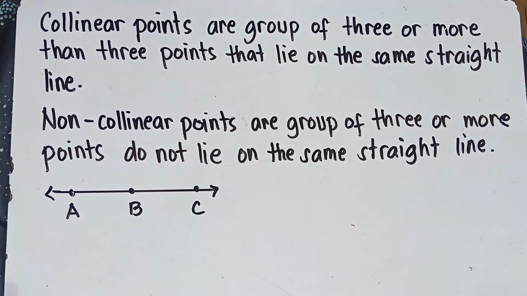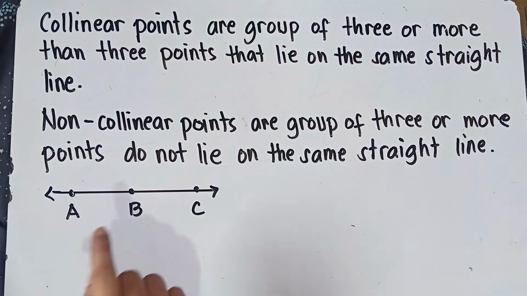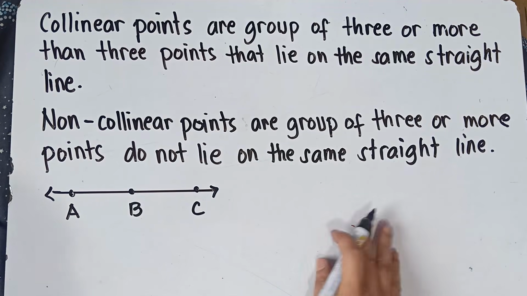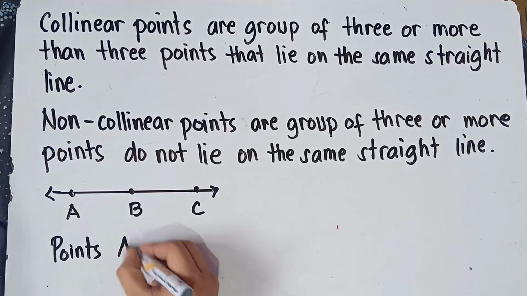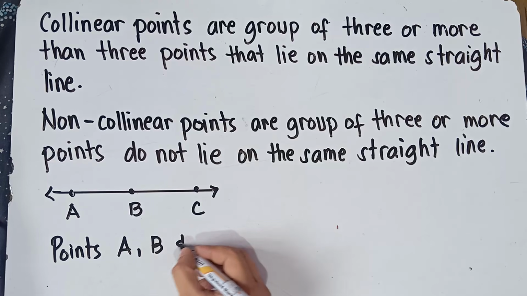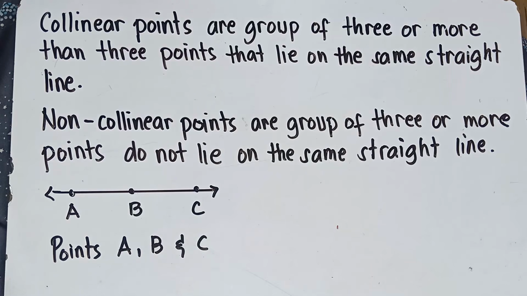So therefore class, we can call these points collinear points because point A, point B, point C lie on the same straight line. So we can say that points A, B, and C are what we call collinear points. I hope it's clear for you, class, with regards to collinear points, points that lie on the same straight line.